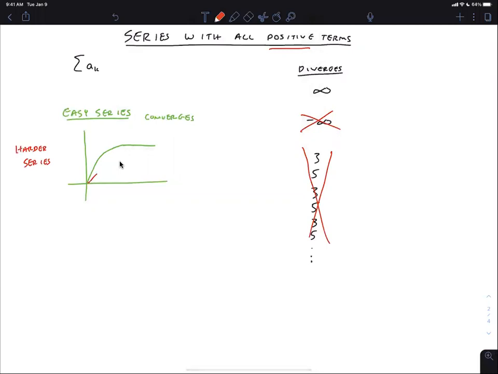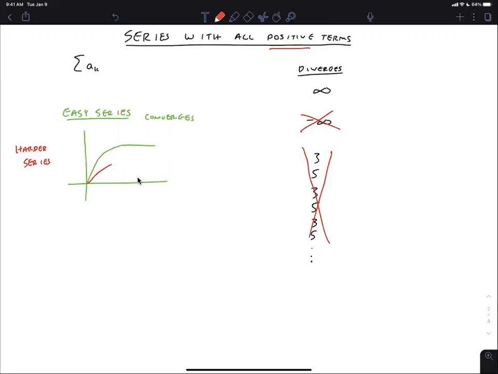So if it's always underneath that, what do you know about it? It has to converge. Why would it have to converge? If it's smaller than this one, what can it not do? Go above it. It can't go above it, which means it cannot possibly go to infinity.